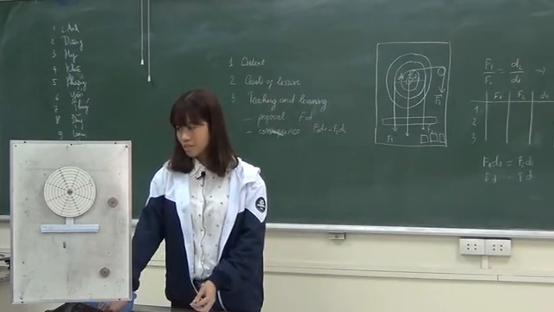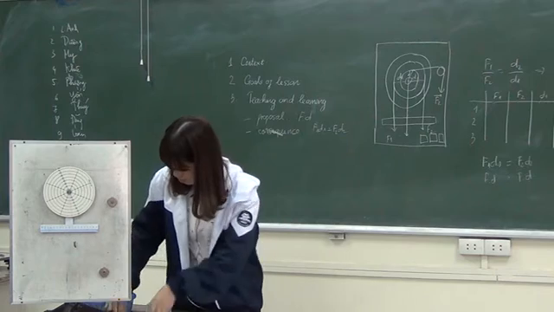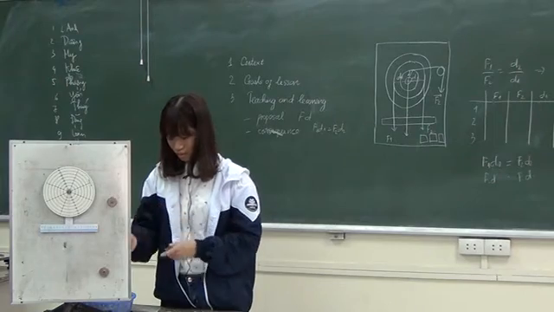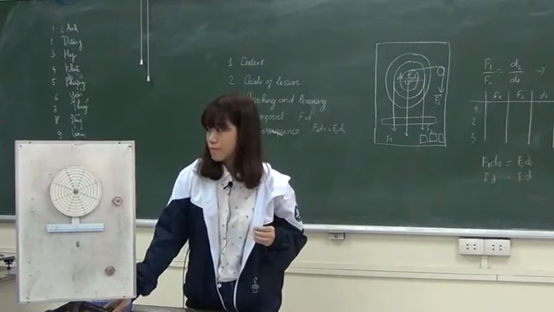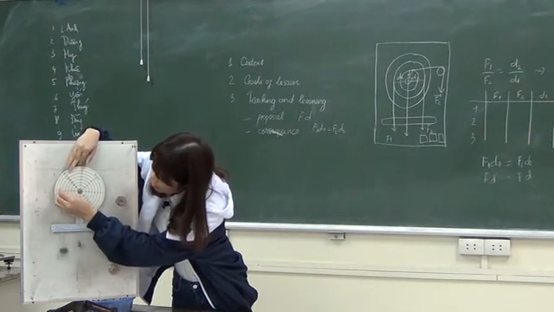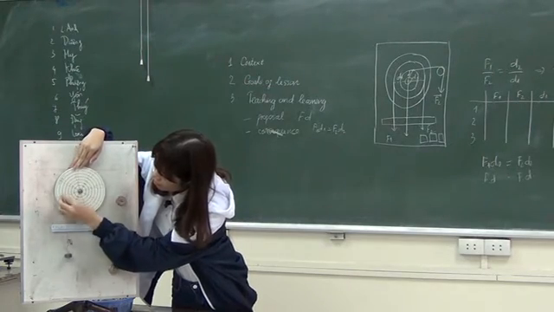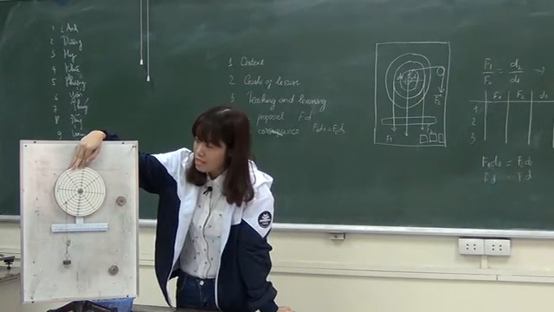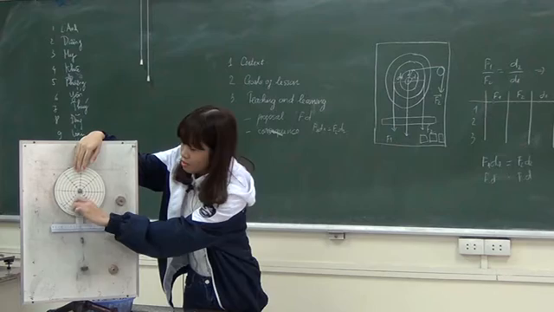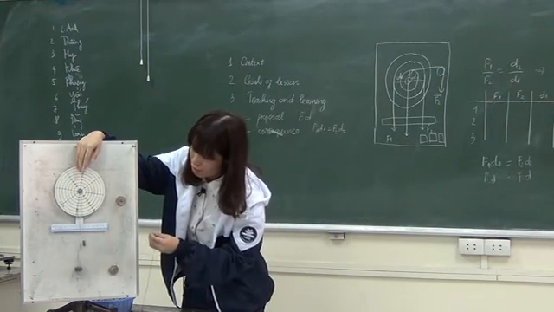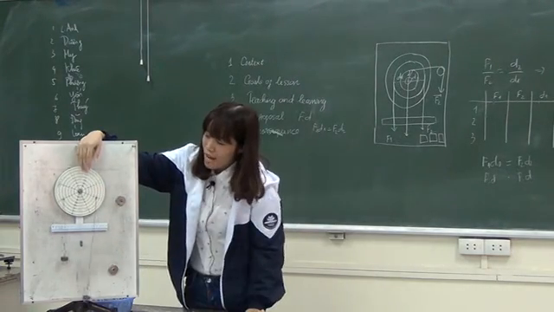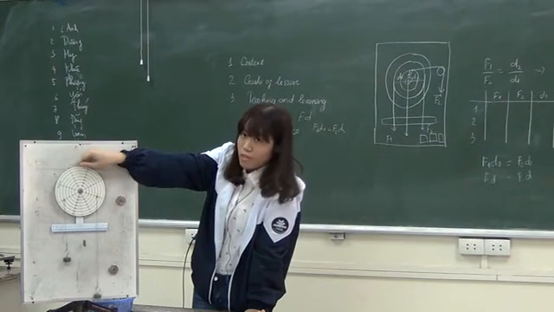So first, in the process of the experiment we see when you act a force on one side, this force rotates counterclockwise, and when we act another force on the other side, we have this rotate clockwise, and after that it is in equilibrium.